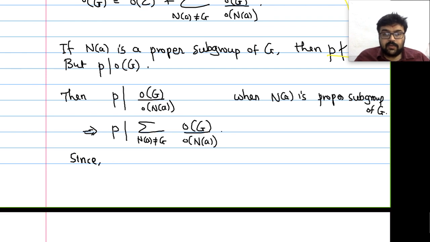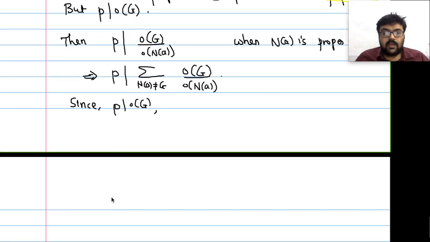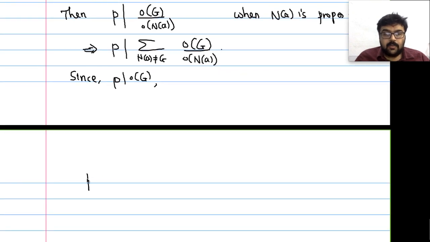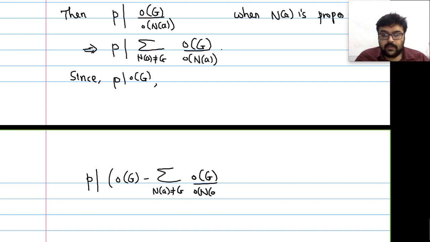Since P divides order of G, we have P divides A, P divides B, so P divides A minus B. So P divides order of G minus the summation over NA not equal to G of order of G upon order of NA.